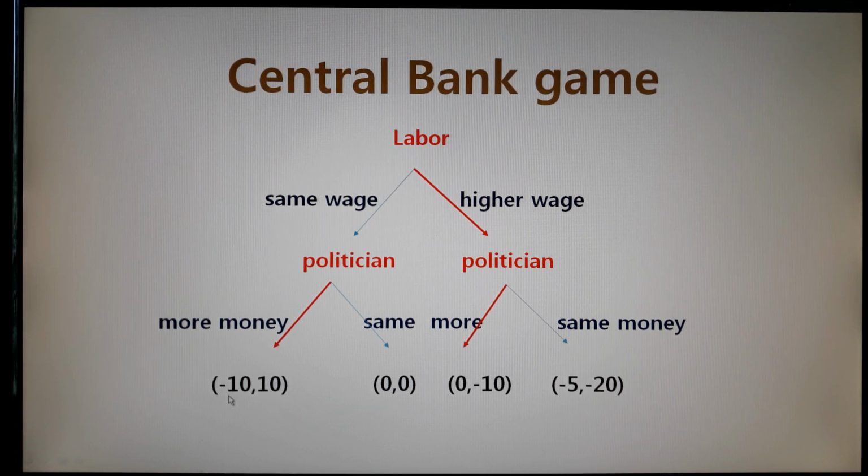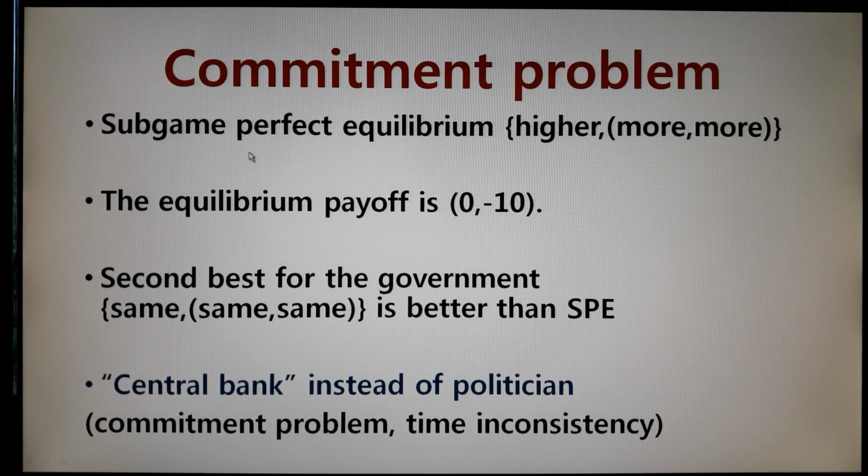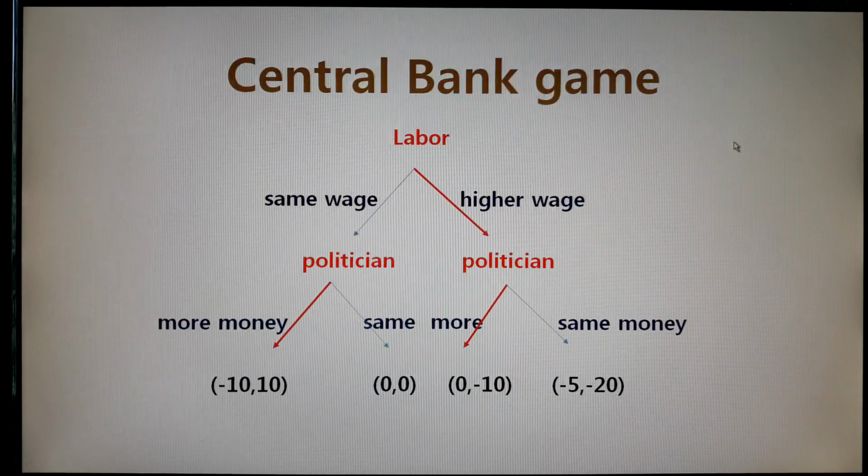Which is bigger? -10 is not as good as 0, so the labor union chooses higher wage. So subgame perfect equilibrium would be higher wage by the labor union and more money by the politicians. Okay? More money here, more money here.